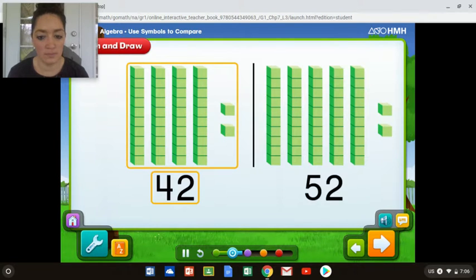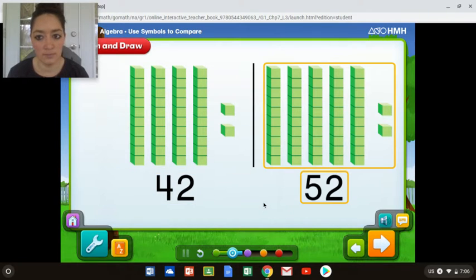So is 42 less than, equal to, or greater than 52? So we could look. Is it less than? Well, there's 5 tens here and only 4 tens here. So right away we can know, oh, it's going to be less because there's a less amount of tens here.